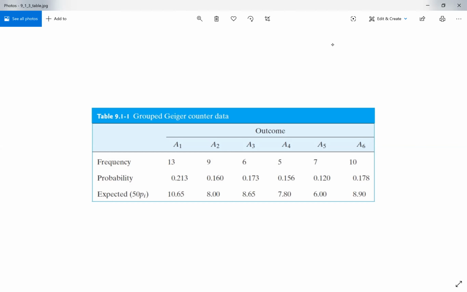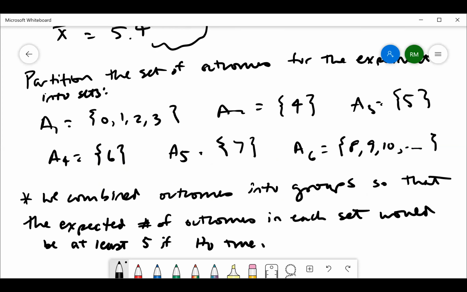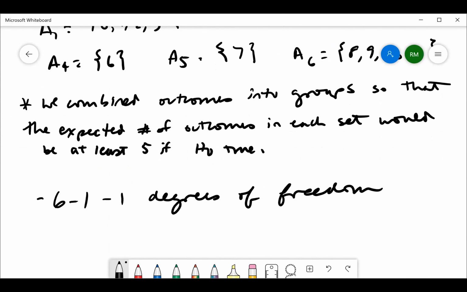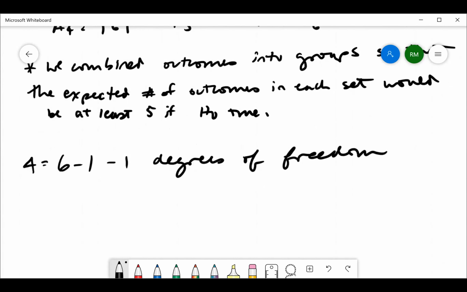So we calculate the chi-square value. And what we're going to observe is we're going to have 6 minus 1 minus 1 degrees of freedom, because we used an estimate for the type of Poisson distribution we are dealing with.